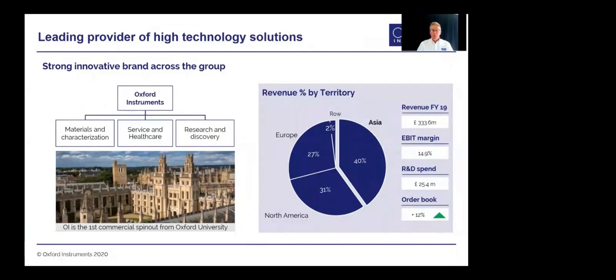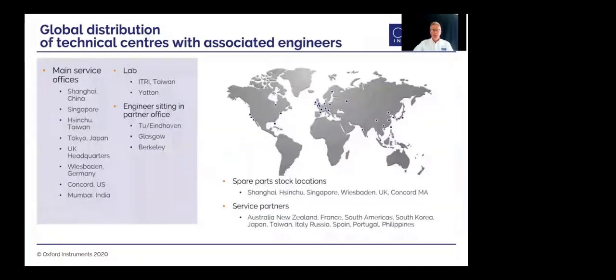And since then, we've been continuously innovating and creating new technology that our customers demand. As I said, we are a global company with labs in the UK and also in Taiwan at ITRI, and a global service organization enabling our customers to get the service they require.